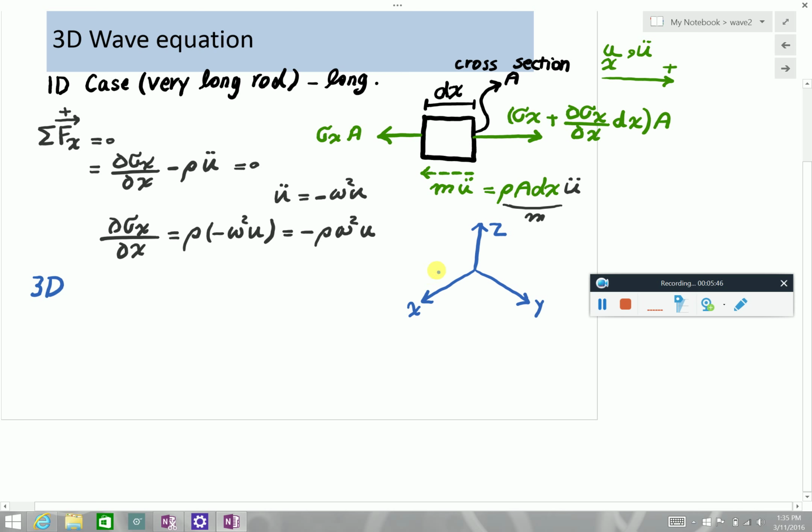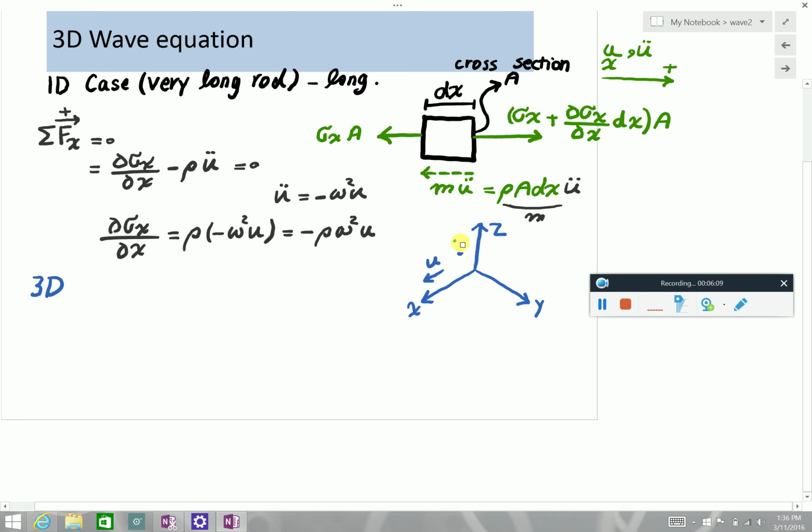And we also take the positive displacement in the x direction to be u, and also that u double dot will be also in the same direction, the positive direction.